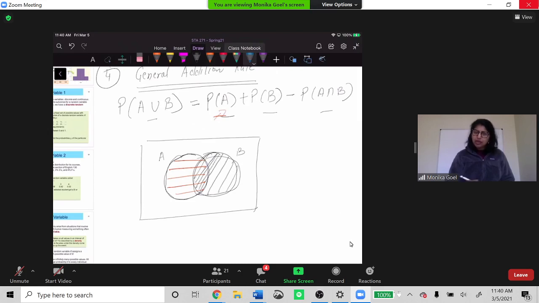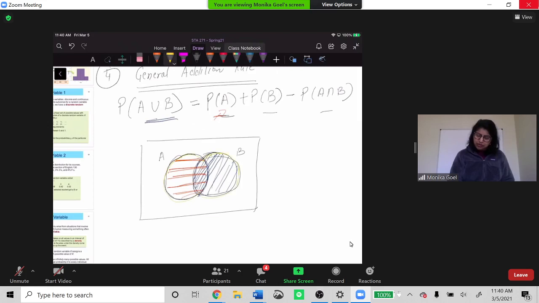When I say probability of A, I took this orange part, this whole thing, and when I say probability of B, I took this part. So I'm taking this common part twice, including it in A as well as in B. But when I'm looking for the probability of A union B, I'm talking about this thing.